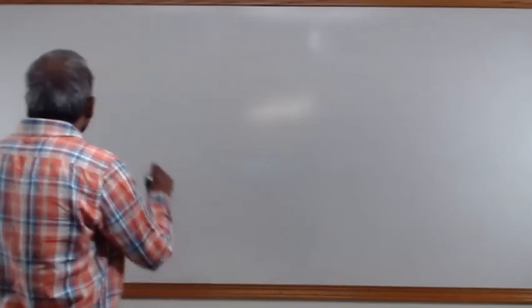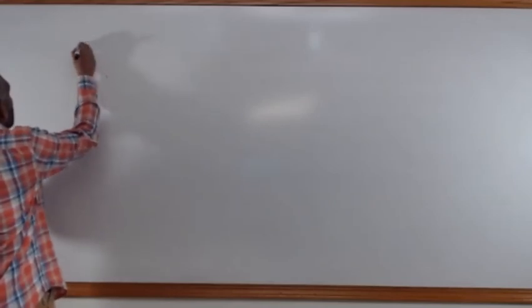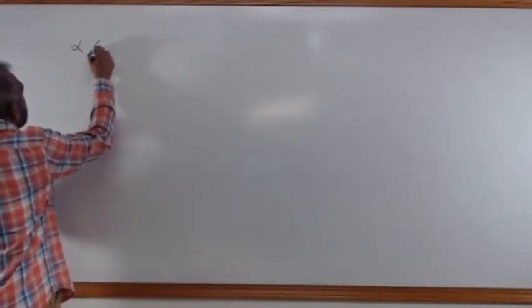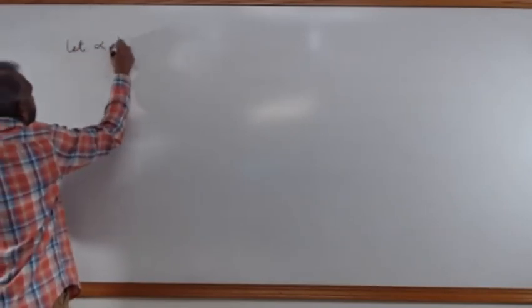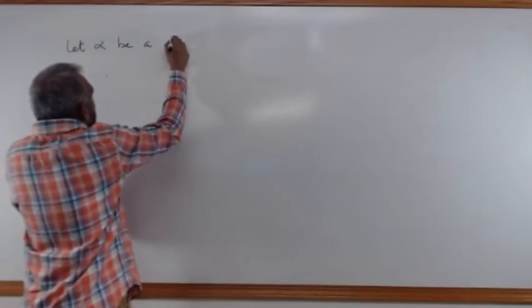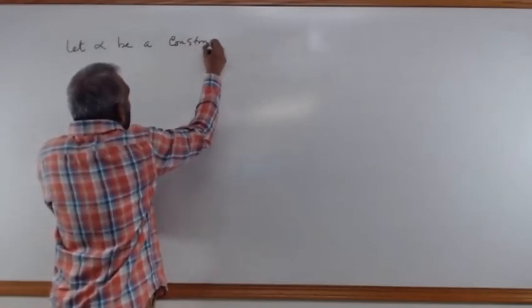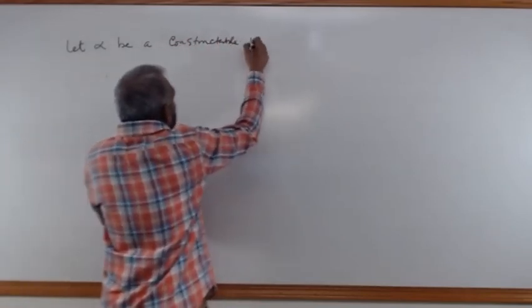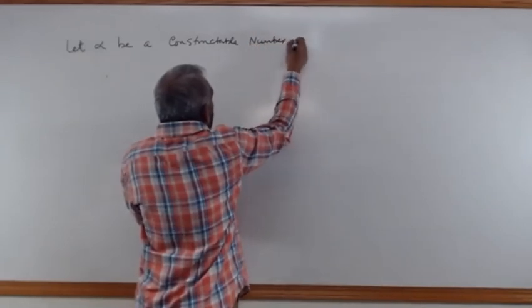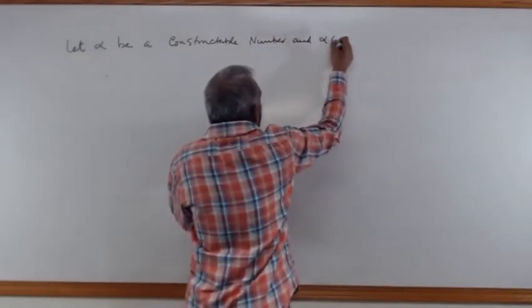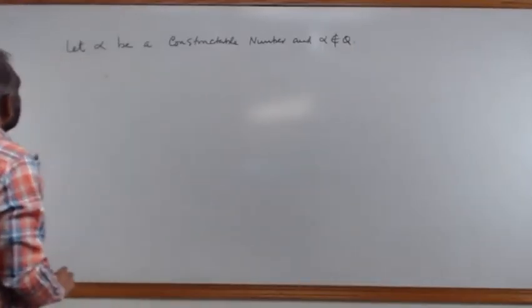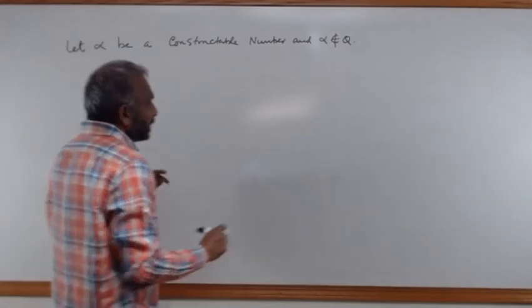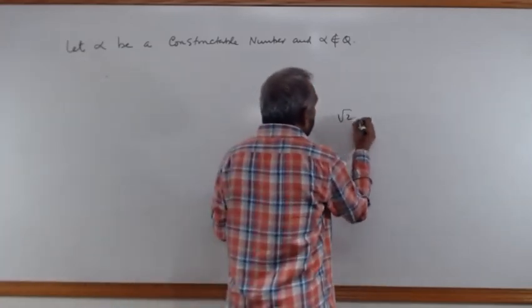Now let us see. Let alpha be a constructible number and alpha does not belong to Q. Then let us assume, for example, root 2 plus root 3.